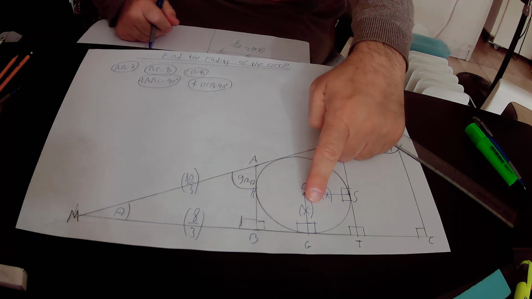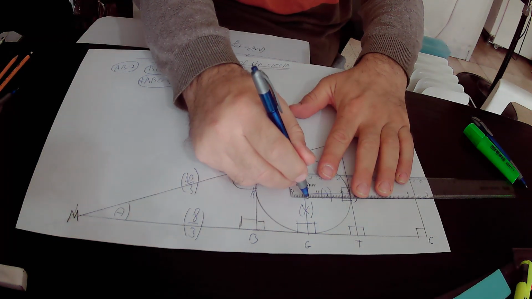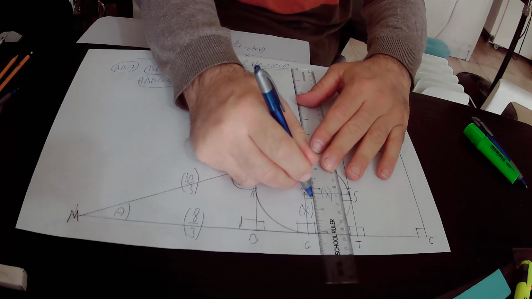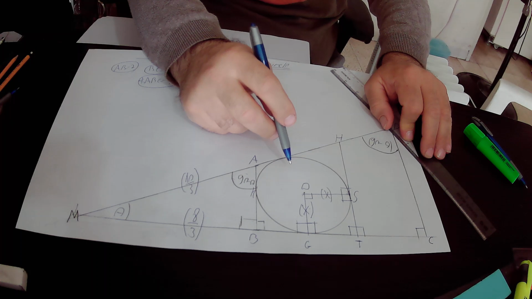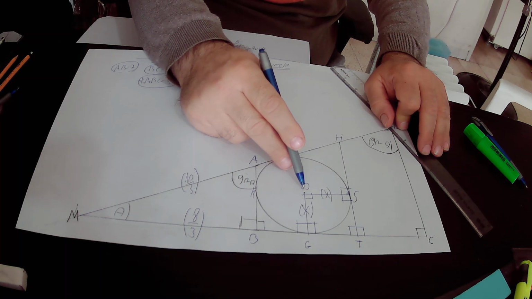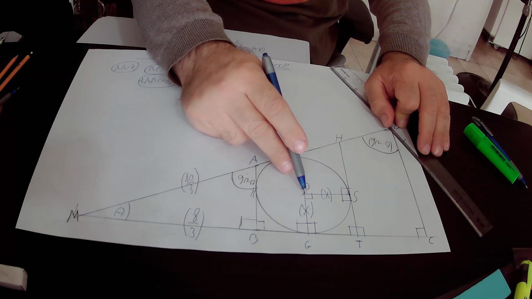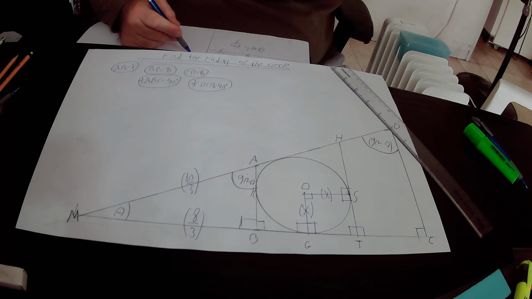Therefore, the missing angle must be equal to 90 degrees in order to complete the sum of the angles in this quadrilateral to 360 degrees. According to the rule, the sum of the angles in any quadrilateral is equal to 360 degrees. So inside quadrilateral OSGT, we have 4 right angles. Therefore, we can relate to quadrilateral OSGT as a rectangle.